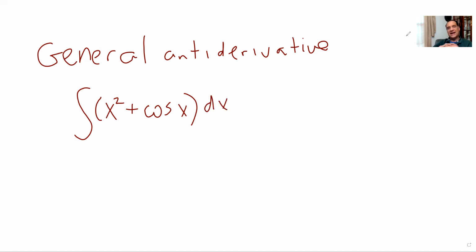Just make sure you understand that the function is probably not written with an integral sign, it's probably written like this, but that's not terribly important. But do make sure you realize that the antiderivative is also expressed as an integral.